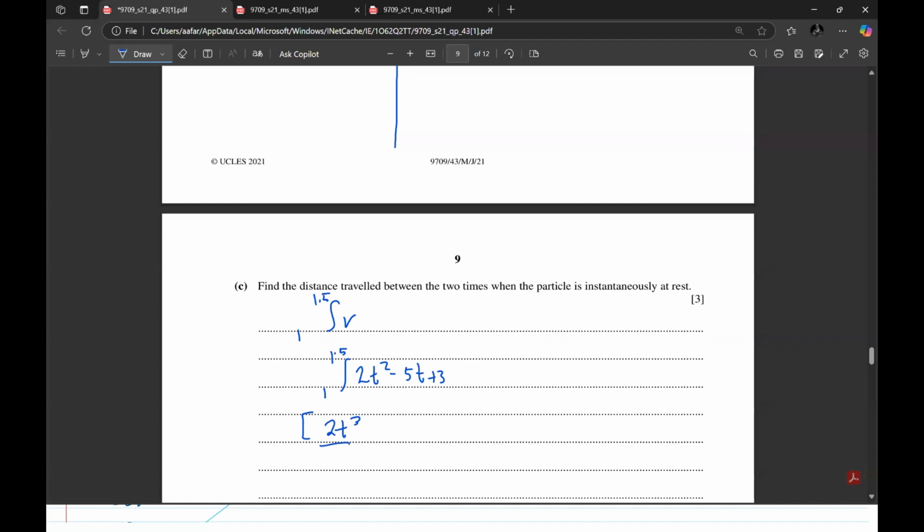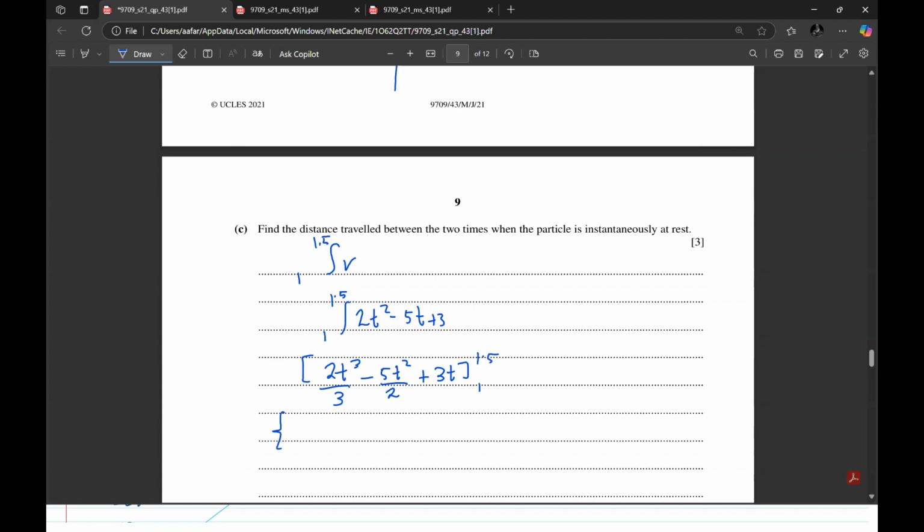2t cube over 3 minus 5t square over 2 plus 3t, with the limits. The concept is it will remain one.